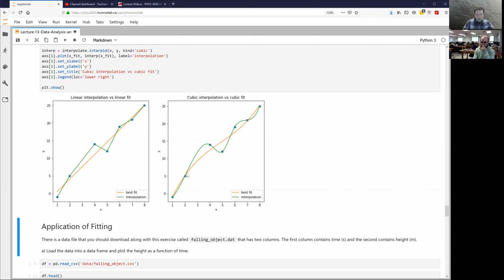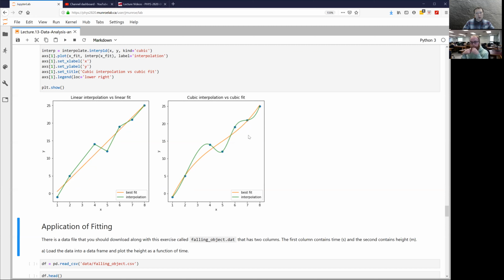If I consider this point, this point, this point, and this point, this cubic is uniquely set. And what a cubic interpolation is doing is finding the set of cubic functions that approximate this data, such that not only do the data connect at every point, but their slopes and their curvatures are also the same. But that's it. This is what's called a cubic interpolation.